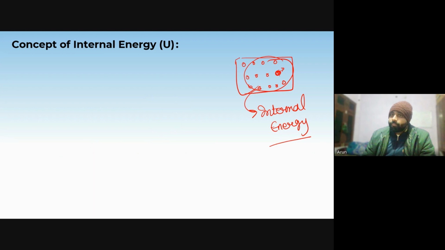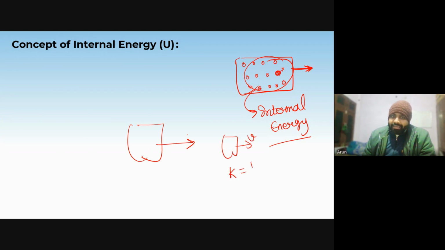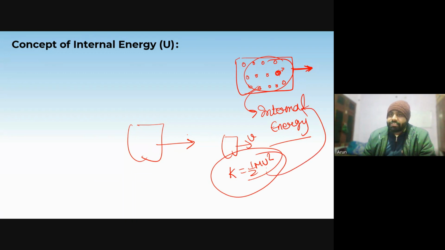It is a microscopic quantity, because if you move the whole system, you cannot say that in that case the internal energy changes, because when we move the system it will acquire some velocity v, so it gains some kinetic energy. You might say this is additional kinetic energy, so internal energy will change. No, internal energy is the energy which is inside the system.